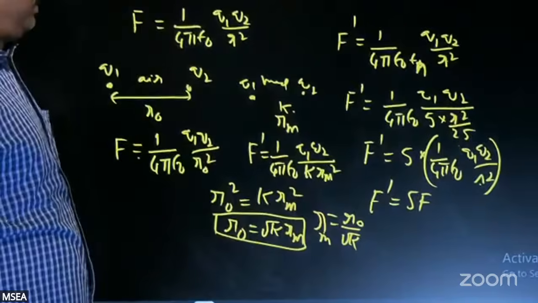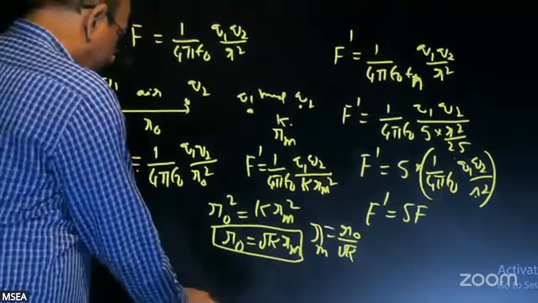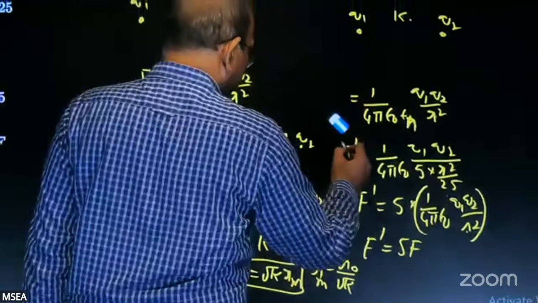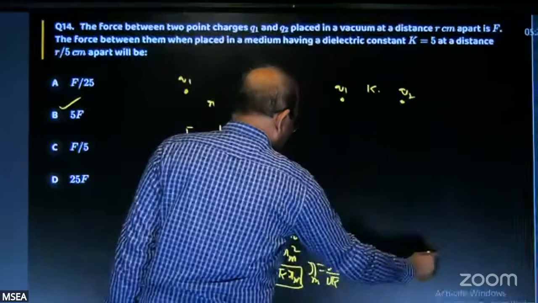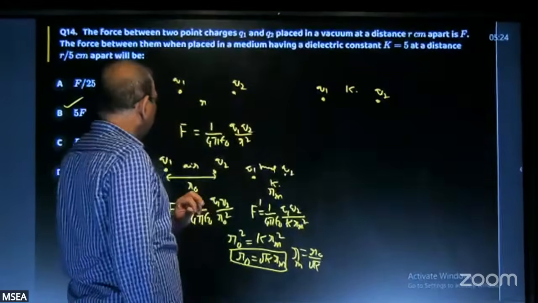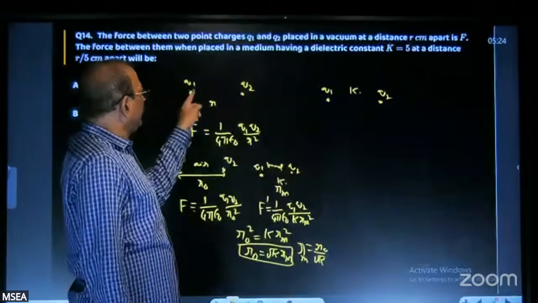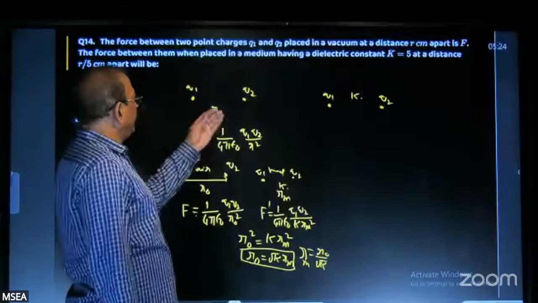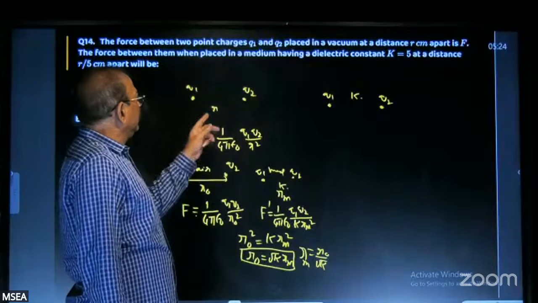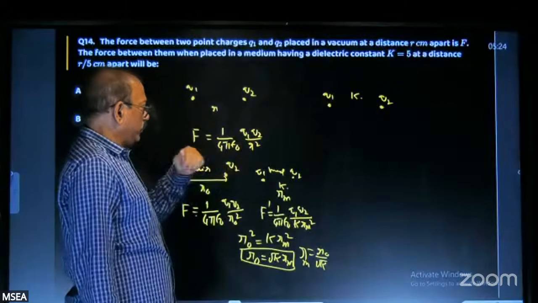This is another important point in Coulomb's law problems. One more important thing is, suppose the total distance between two charges is occupied by air only, then the force exerted by them is 1 by 4 pi epsilon naught Q1 Q2 by R square.